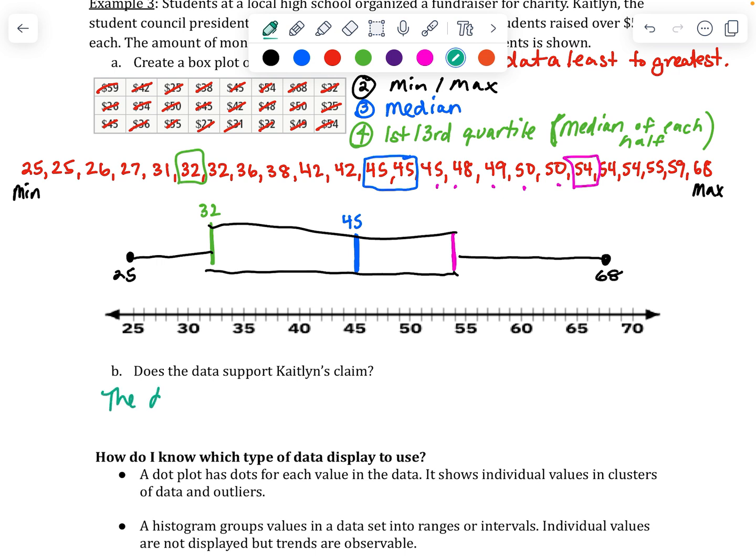So we say the data does not support the claim.